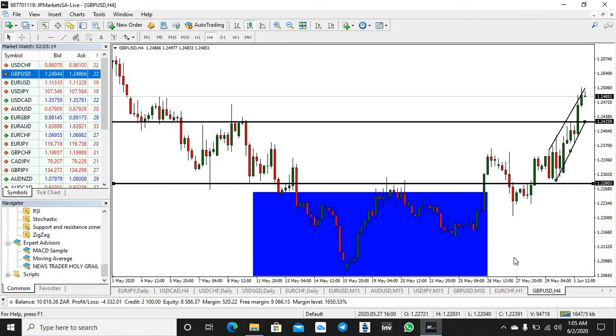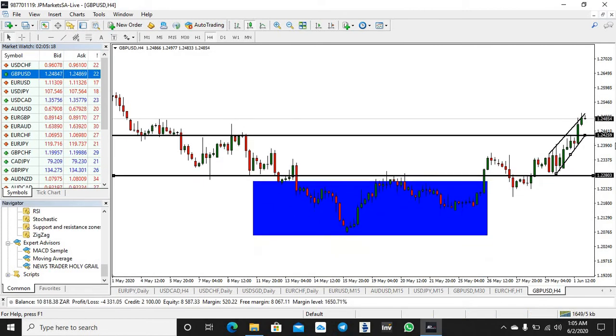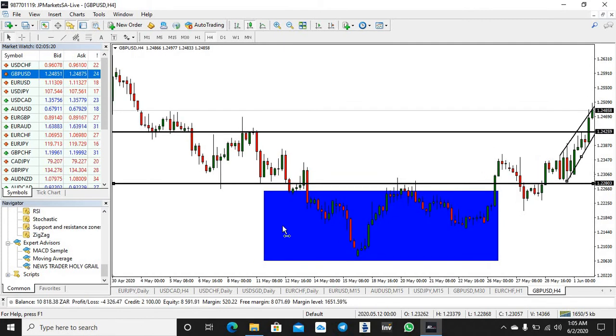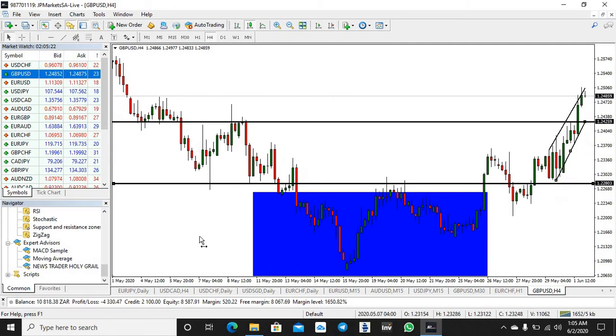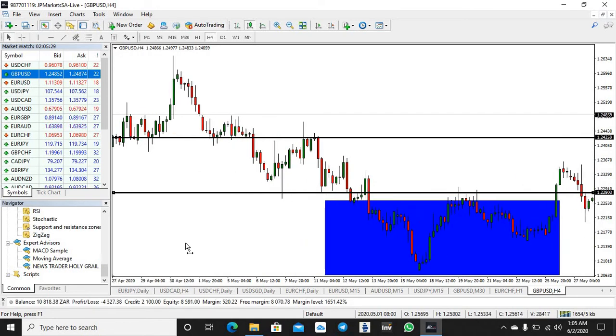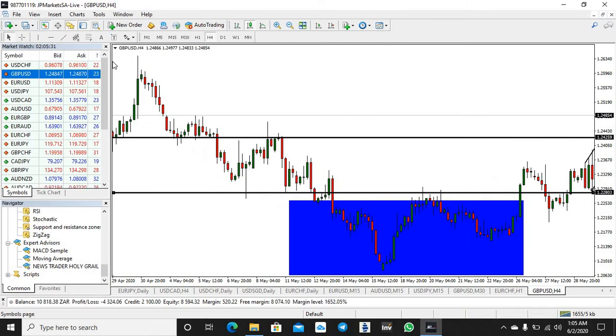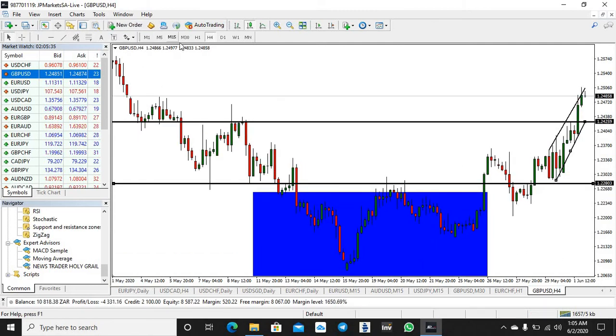This is a head and shoulder that gives us a change in the direction of the market. If you can check our videos on trading patterns, you will see head and shoulder that gives us change in the direction of the market. That is, we are seeing that we are on a strong buy trend, and this is a 4-hour time frame. So the GBP USD is going to be buying for a very long time because of the change in the trend of head and shoulder.